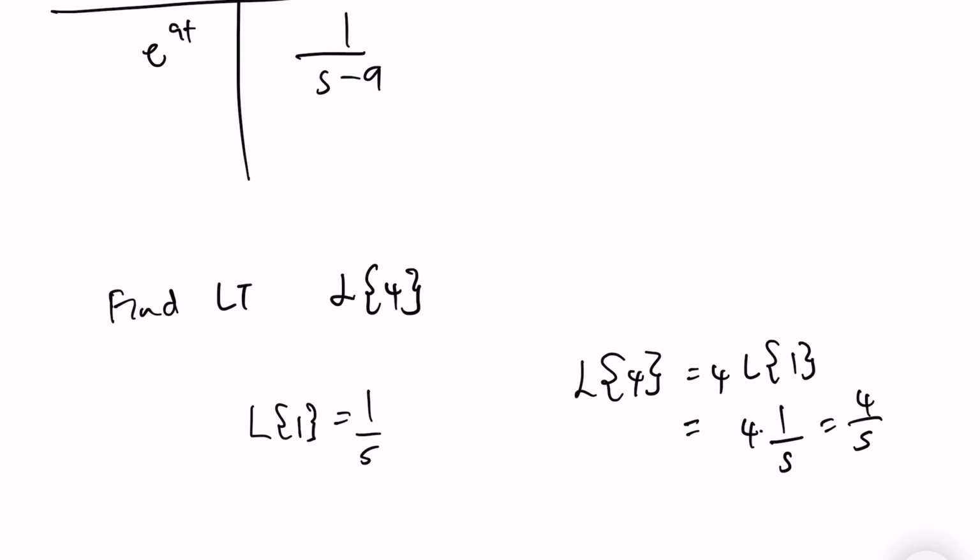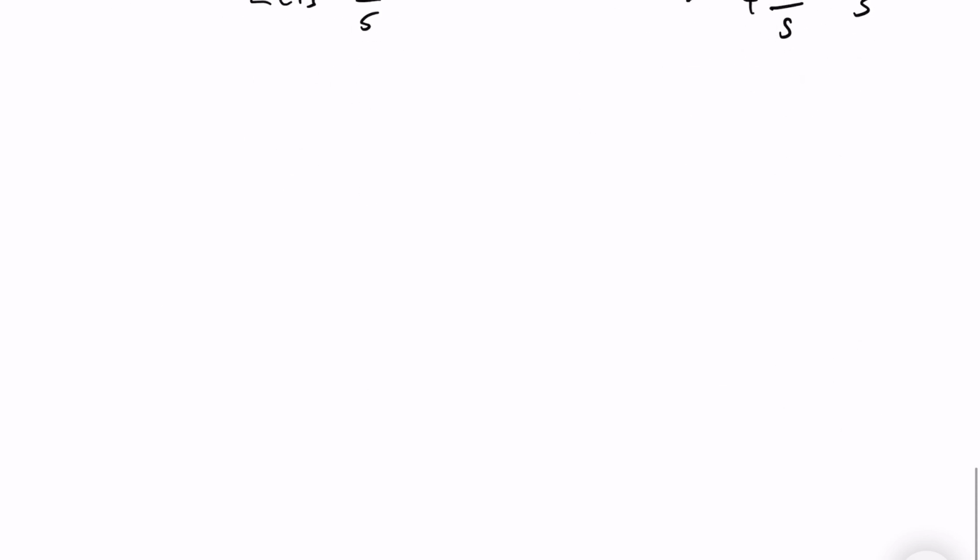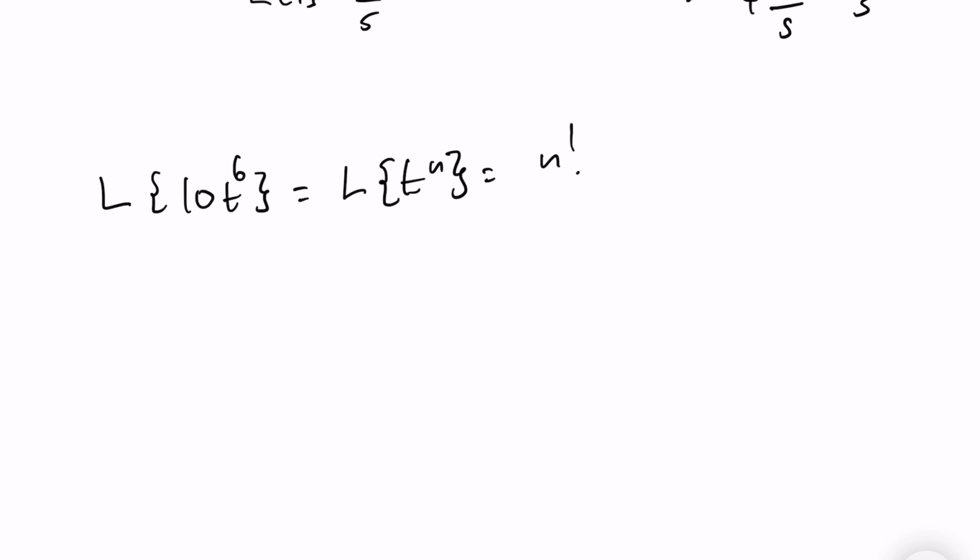Okay, and maybe the second one, find the Laplace transform of 10t to the power of 6. From the table, this is a bit more difficult, you can find that the Laplace transform of t to the power of n is equal to n factorial divided by s to the power of n plus 1.